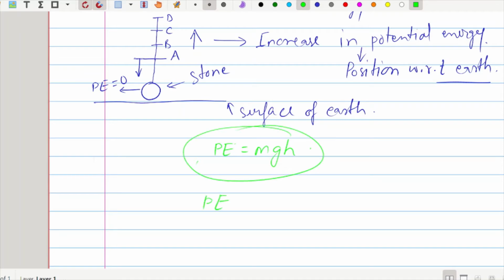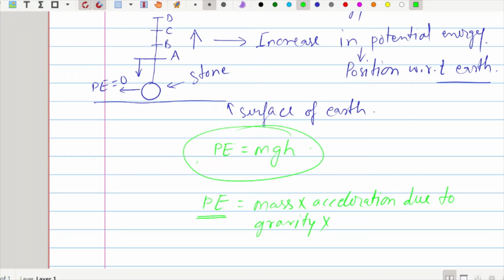PE is equal to potential energy simply, and m is the mass of the stone or mass of anything which you are bringing at a certain height, and g is acceleration due to gravity.